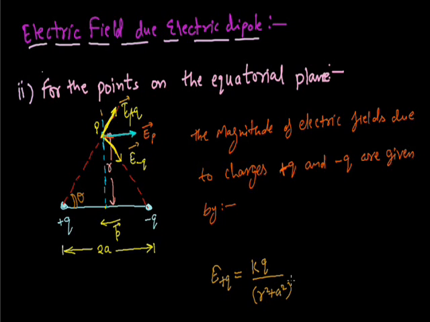We can think, when the dipole size 2a approaches 0, the charge q approaches infinity in such a way that the product, the dipole moment p equal to q into 2a, is finite. Such a dipole is referred to as a point dipole. So this is the definition of a point dipole.